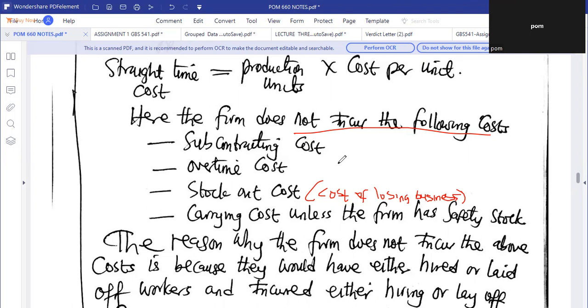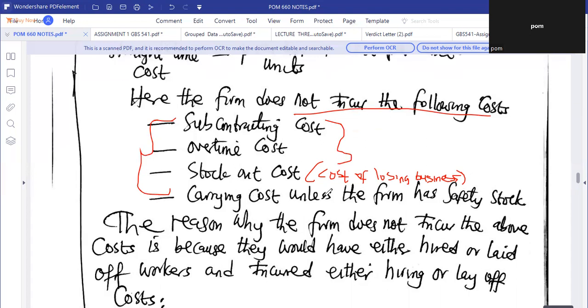I'm emphasizing these points because under the chase strategy, these aspects are not there. The overtime is not there because we would have had as many workers as possible so that they don't work 16 hours instead of 8 hours. We don't have to subcontract because we would have had as many workers as possible to produce to meet the demand.